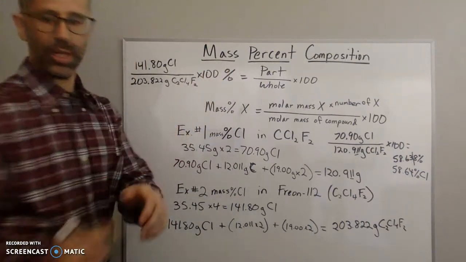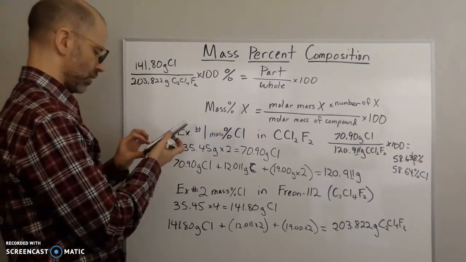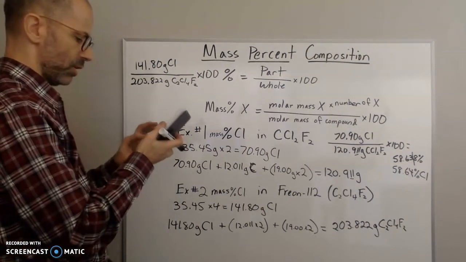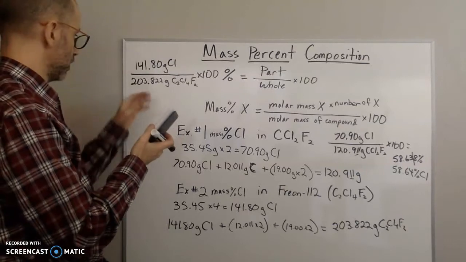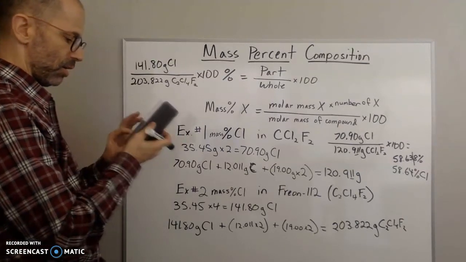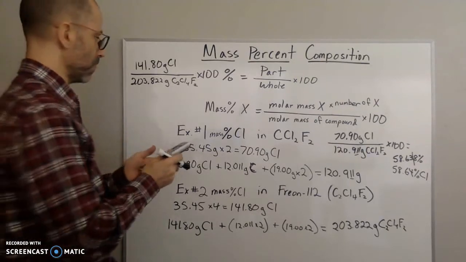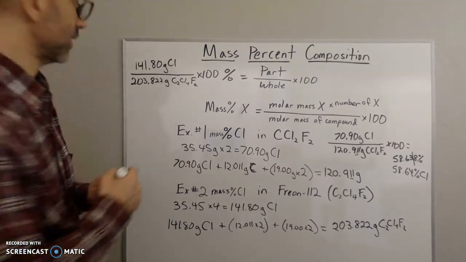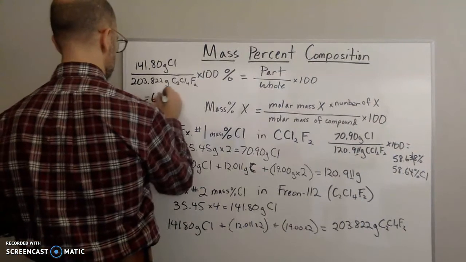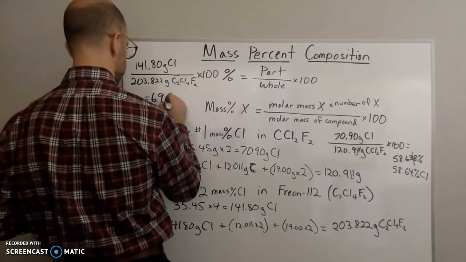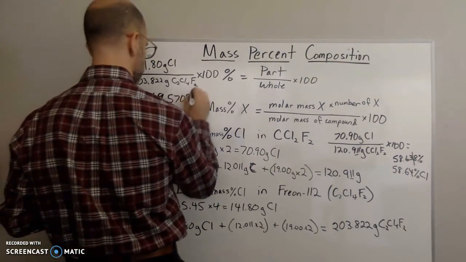So again, you get your calculator out. You have 141.80 divided by this number here, multiplied by 100 equals, and you get 69.5705%.